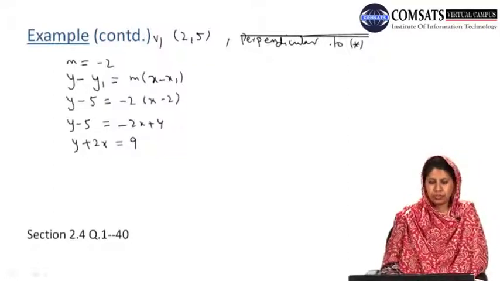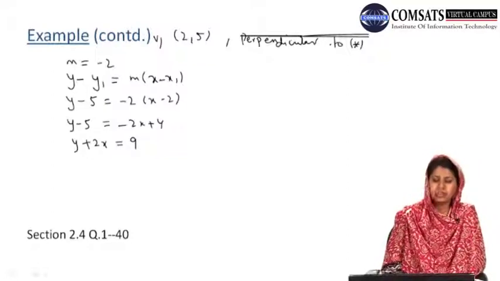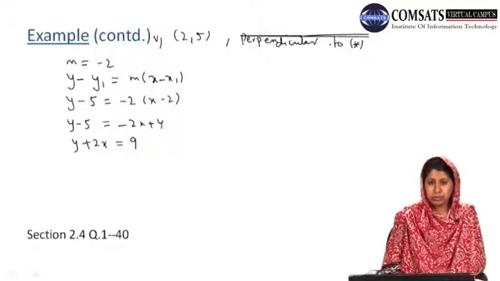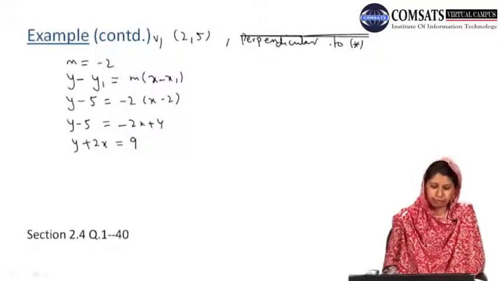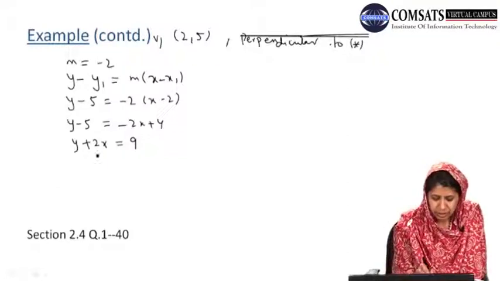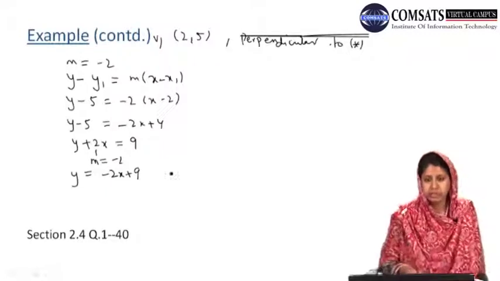So this is the equation of a line which is perpendicular to the given line and passing through the point (2, 5). As we can see, here m is equal to minus 2, that is y is equal to minus 2x plus 9.